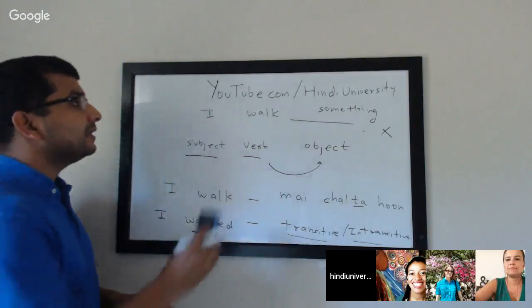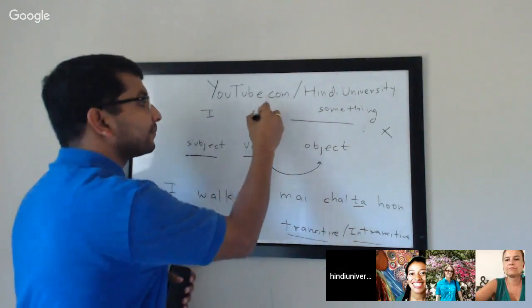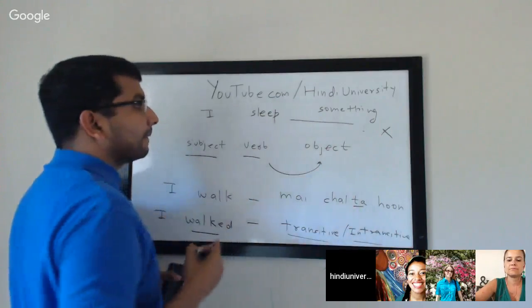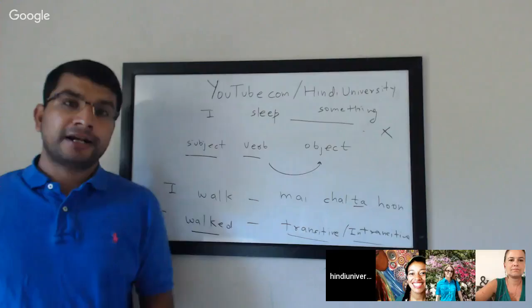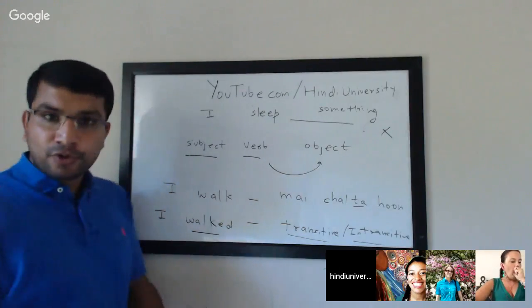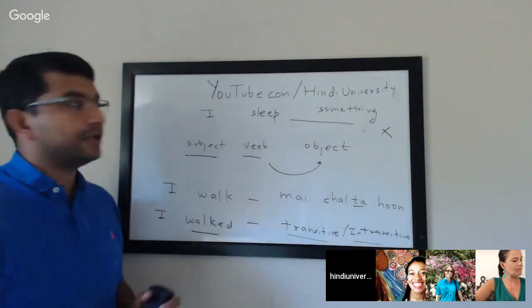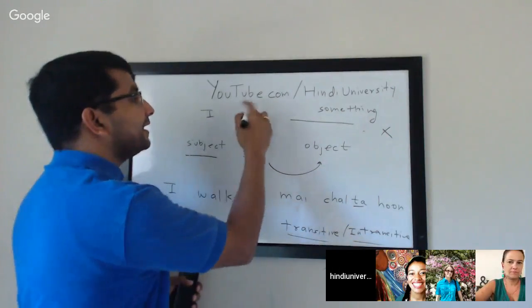Similarly, if you're using the verb, let's say, sleep, you will not really be using a direct object with this verb. That's an intransitive verb. Think of more verbs that you can think of, and we will determine whether it's an intransitive verb or not. Let's say I smile.